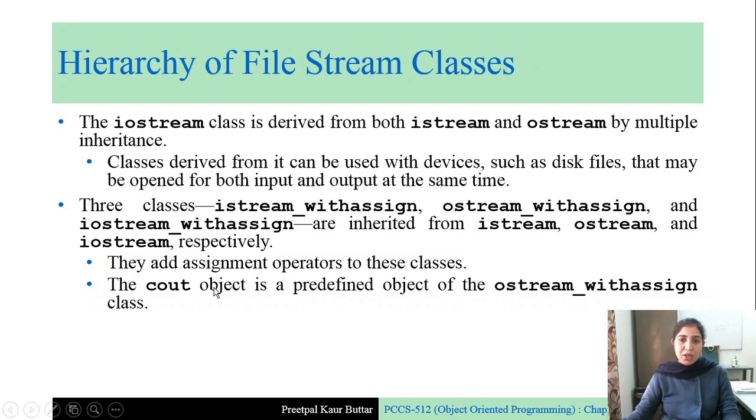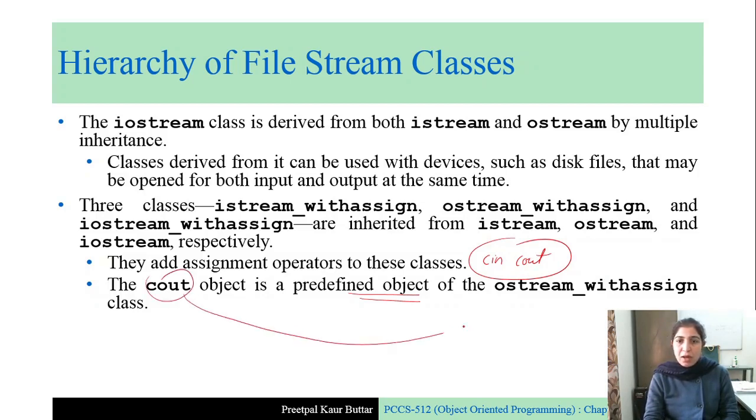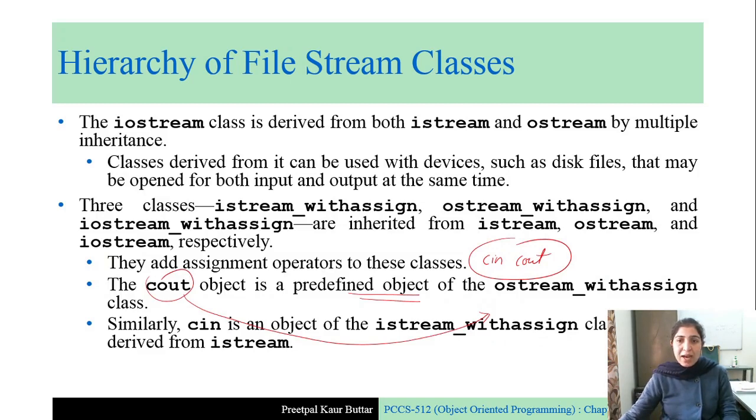Okay, so the cout object which we normally use to print the output to the display, as I told at the very beginning, cout and cin both are objects. So cout is the object of ostream_withassign. Similarly, cin is the object of istream_withassign. Okay, and this istream_withassign is derived from istream. ostream_withassign is derived from ostream.